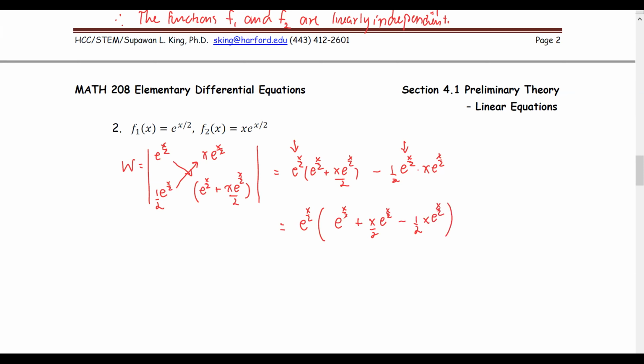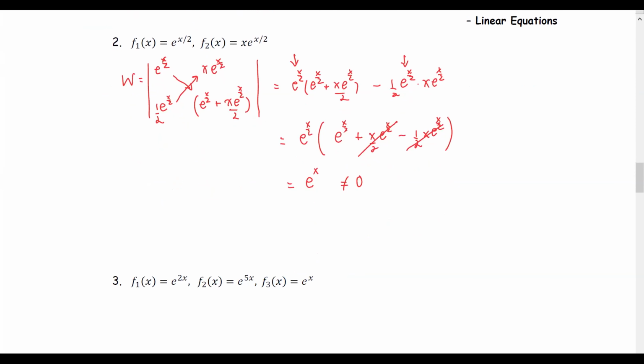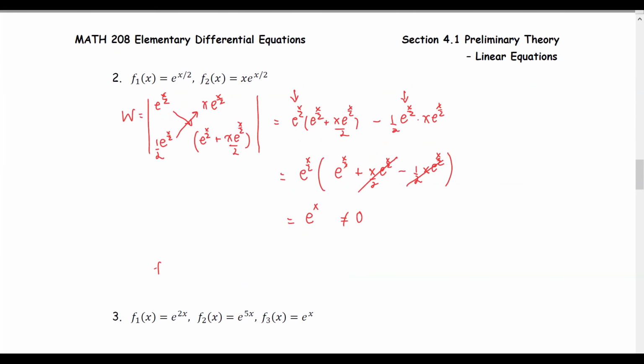As we see, x over 2 e to the x over 2 will be cancelled out. And then we get e to the x over 2 times e to the x over 2, which is e to the x power. And exponential is not 0. Therefore, these two functions, f1 and f2, are linearly independent.